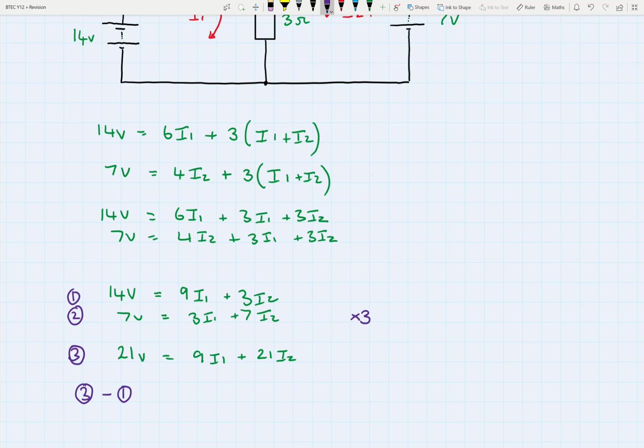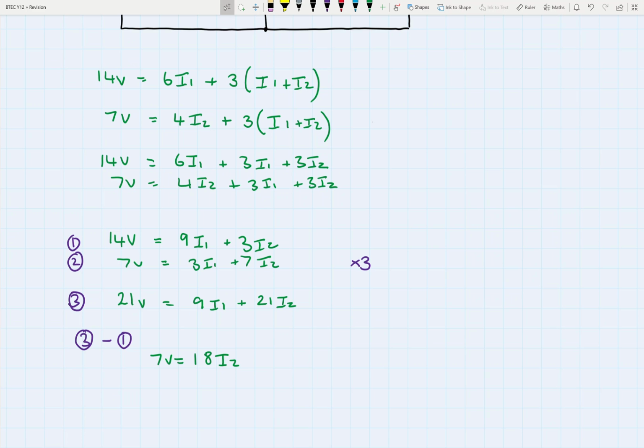If I do that, I'm left with 7 volts is equal to 18I2, so I can then go 7 divided by 18 equals I2, which equals 388.9 milliamps. Okie dokie.